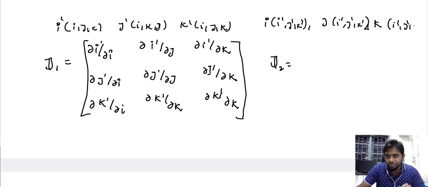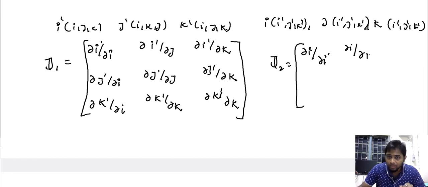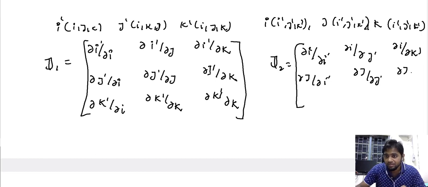The corresponding Jacobian then would be the partial derivative of I with respect to I prime, the partial derivative of I with respect to j prime, the partial derivative of I with respect to k prime, the partial derivative of j with respect to I prime, the partial derivative of j with respect to j prime, the partial derivative of j with respect to k prime, and so on and so forth.